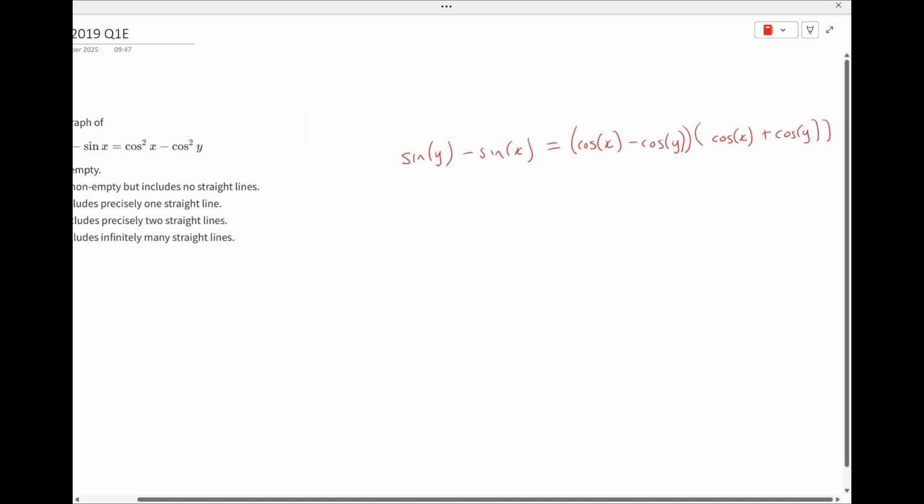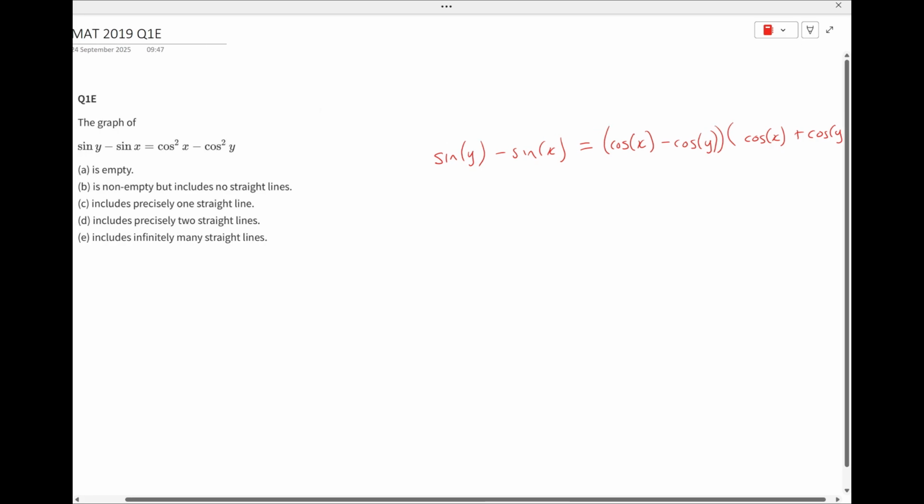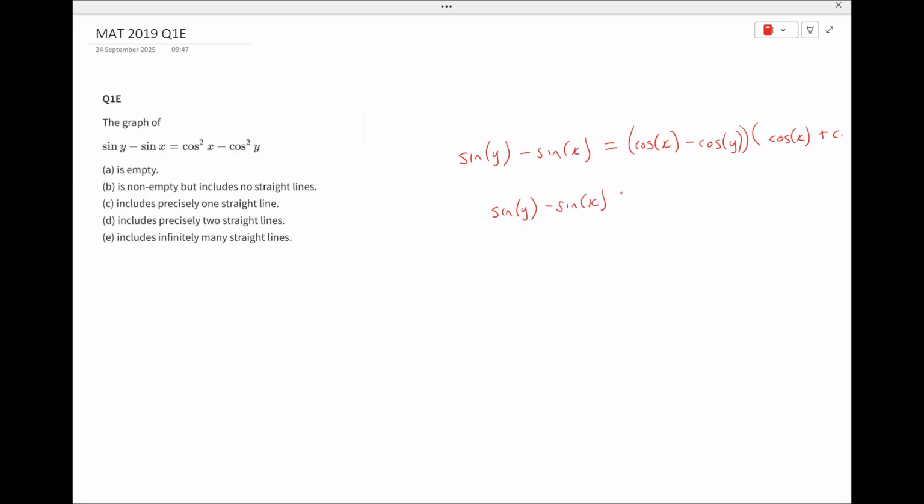So there's a similarity there. So we think, well, if we had sine squared instead of cos squared, would that be better? If we put in sine squared, we end up with sine y minus sine x equals, and then we replace cos squared x with 1 minus sine squared x, and cos squared y with 1 minus sine squared y.